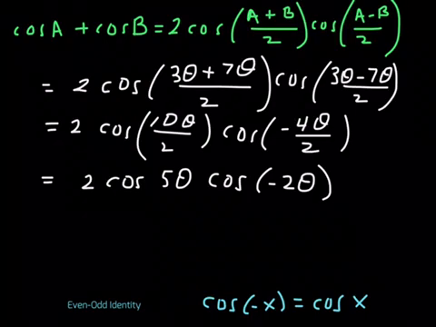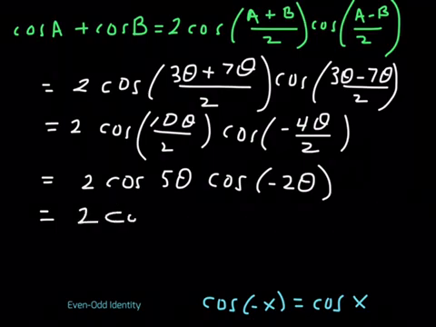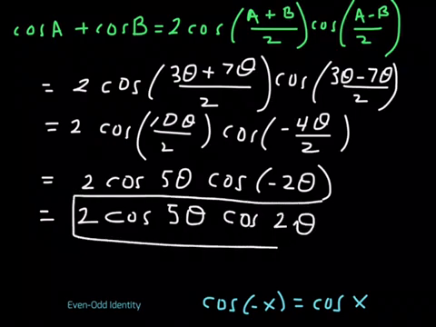This is because cosine is an even function. So in other words, cosine of negative 2 theta is just the same thing as cosine of 2 theta. So I should simplify that. So then this is 2 times cosine of 5 theta times cosine of 2 theta. Now you did it. You simplified as much as you could.